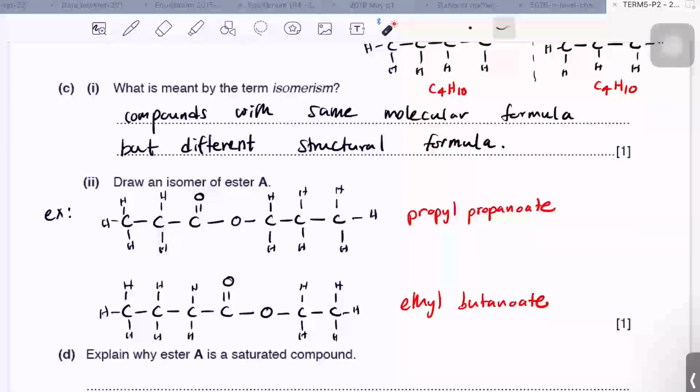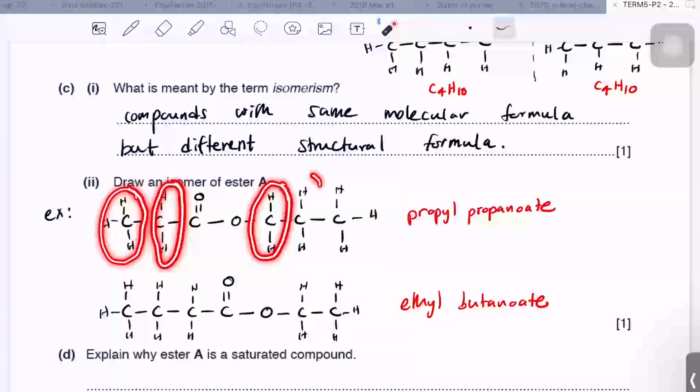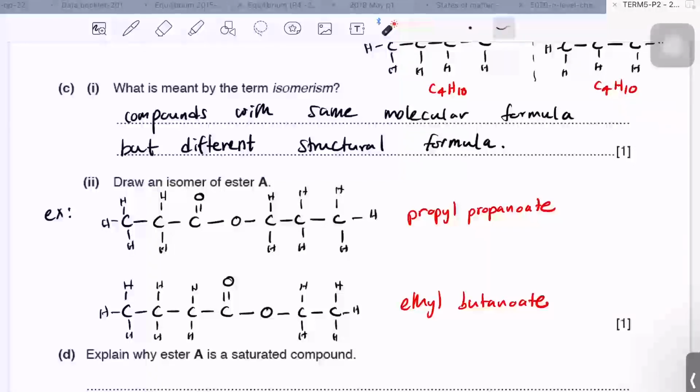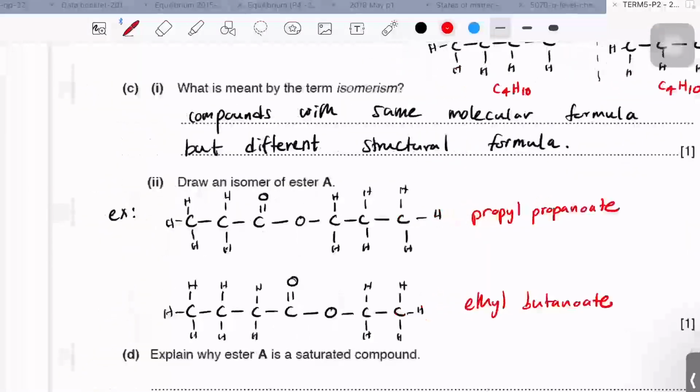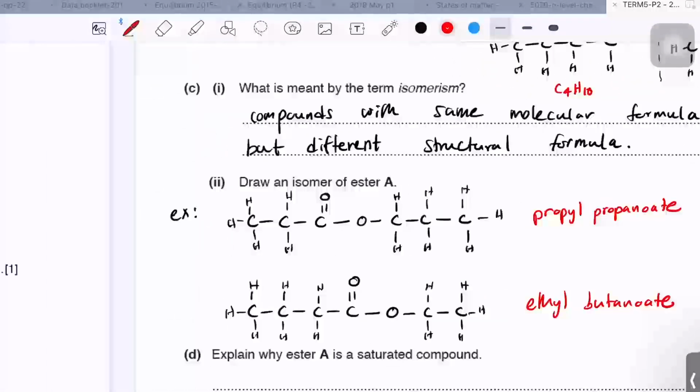Right. Check your answer. Check the number of carbons. There should be 6 carbons. There should be hydrogens: we have 5 here, 7, 9, 9 plus 3, 12 hydrogens should be there, and 2 oxygens should be there. Now we are drawing this isomer of this.